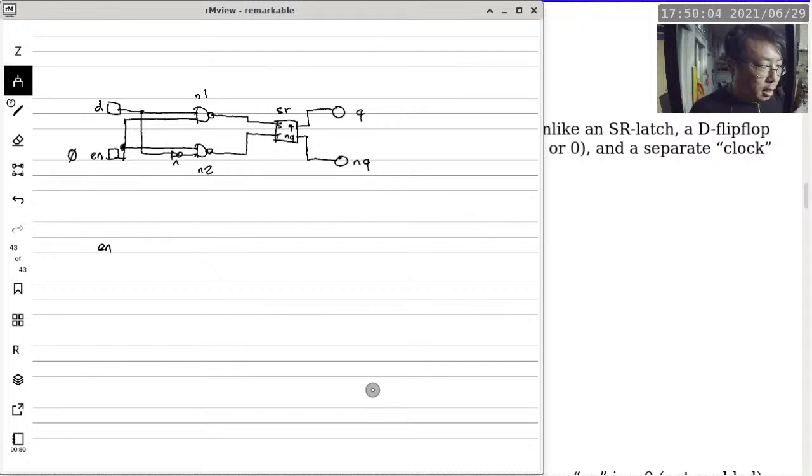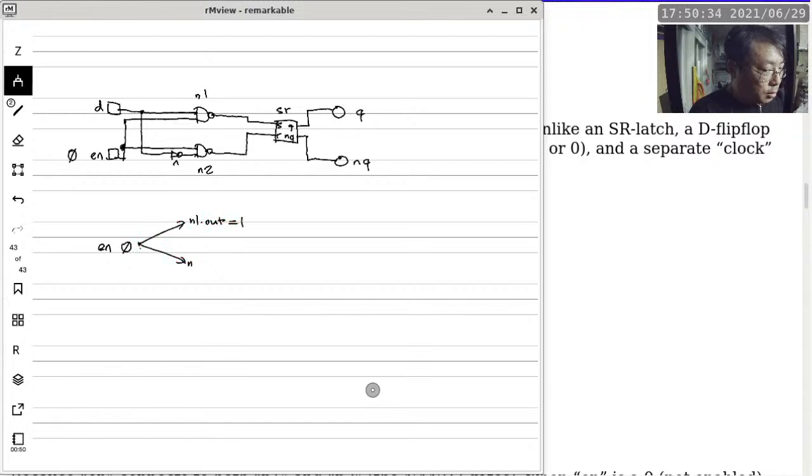So EN is 0. It might be 0 before, but we are making sure that it is now a 0. So the question is, what is it going to affect? We know this 0 is going to N2. We also know it's going to N1. So this is going to result in N1.out being a 1.